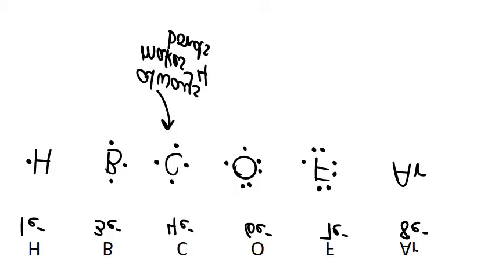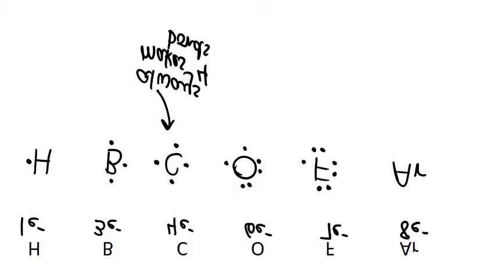That's going to let it make 3 different bonds, and that's what we'll see boron typically does. Okay, carbon has 4 electrons, so we're going to fill those in, 1 on each side. And carbon will always make 4 bonds. Carbon always makes 4 bonds, and that is something that you can count on. If your carbon has more than 4 or less than 4 bonds, something's wrong with your Lewis structure.